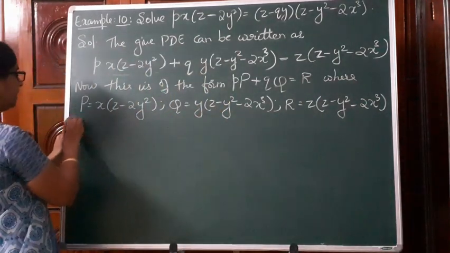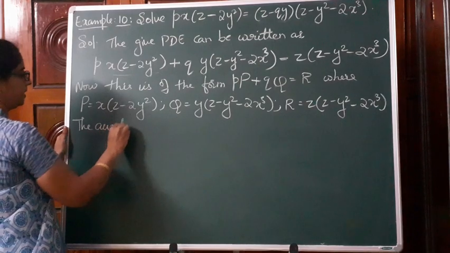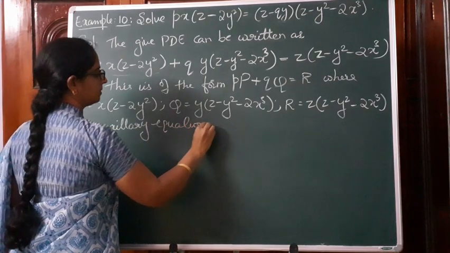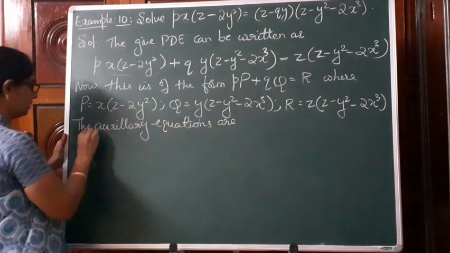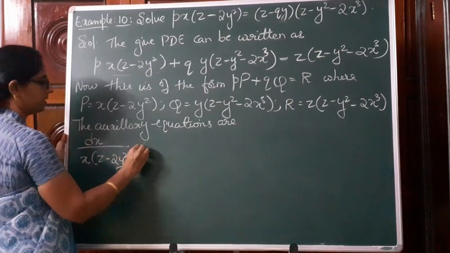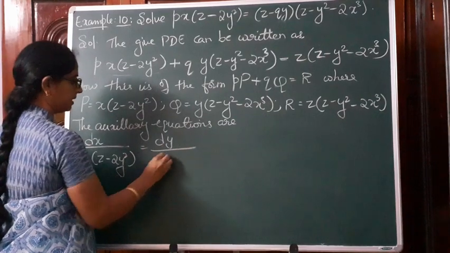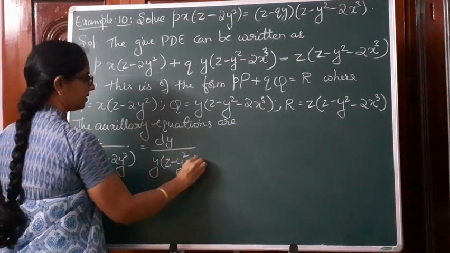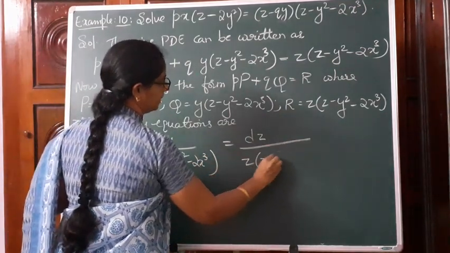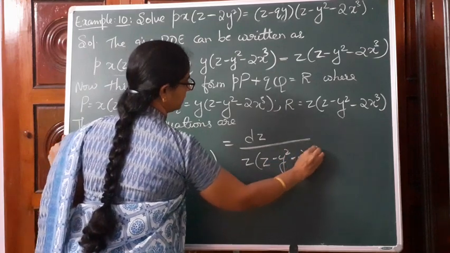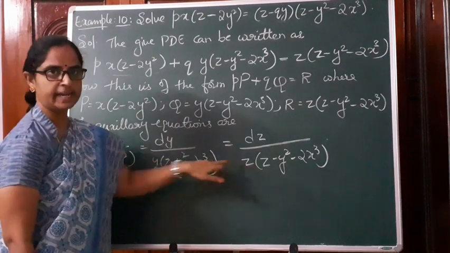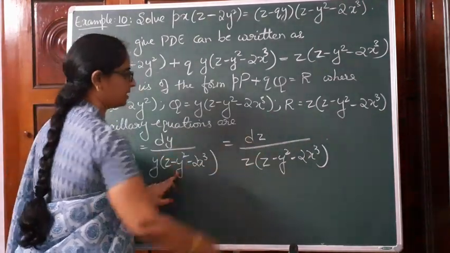Now consider the auxiliary equations. The auxiliary equations are dx by p, that is x into z minus 2y square, is equal to dy by q, that is y into z minus y square minus 2x cube, is equal to dz by z into z minus y square minus 2x cube.